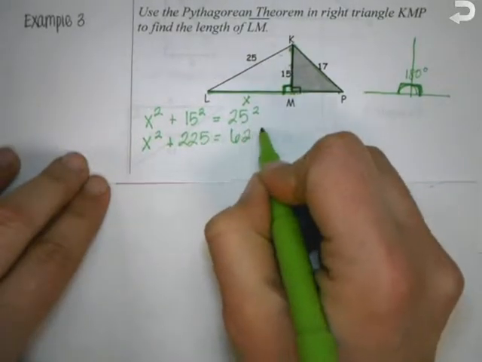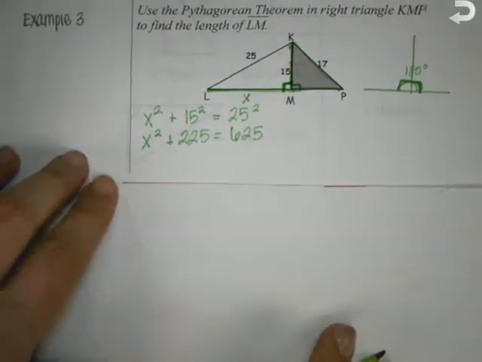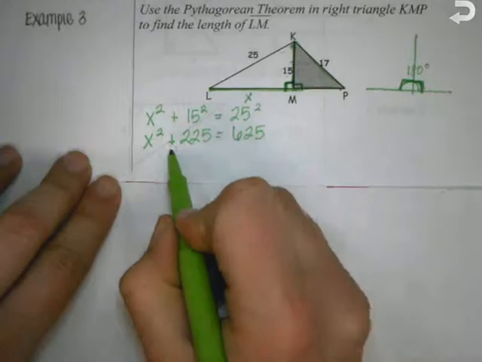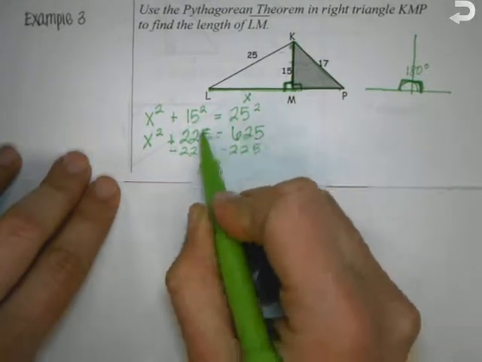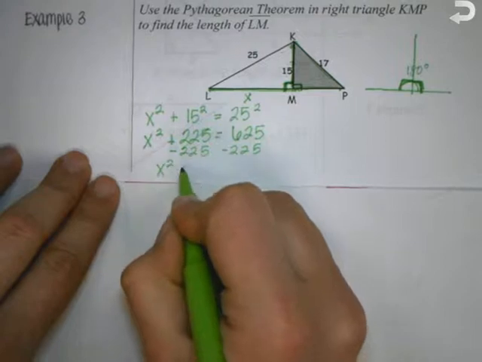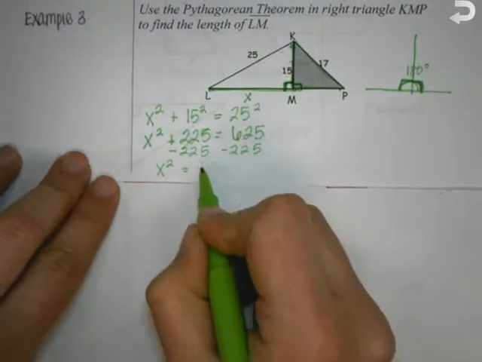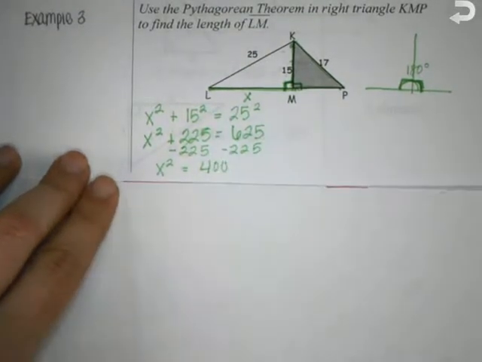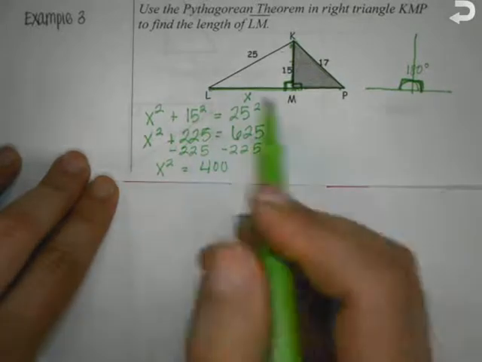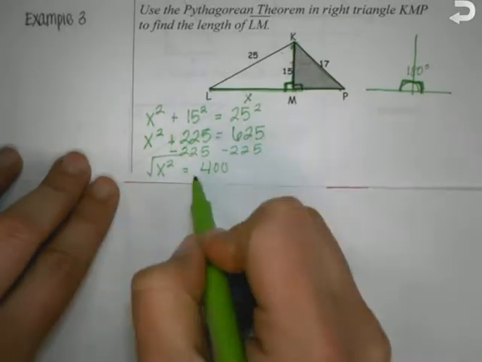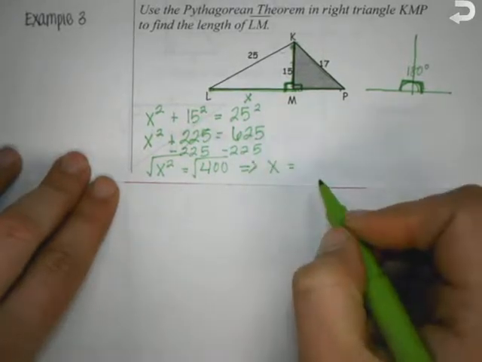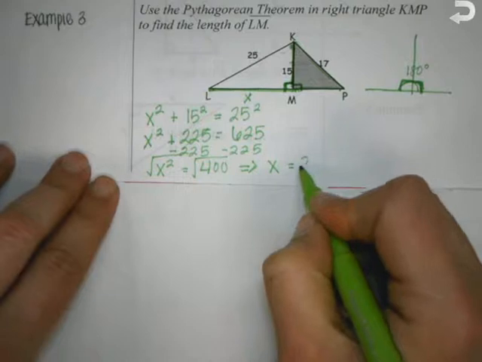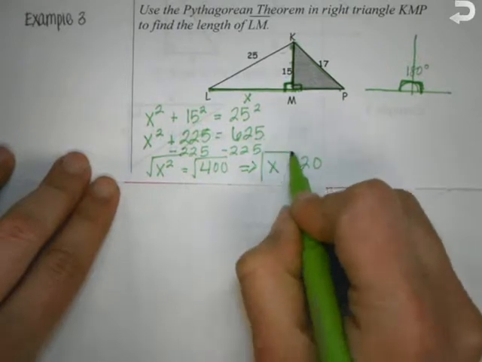Now what? Subtract 225. So x squared equals 400. Now what? Take the square root. So x equals, what's the square root of 400? 20. And that's it.